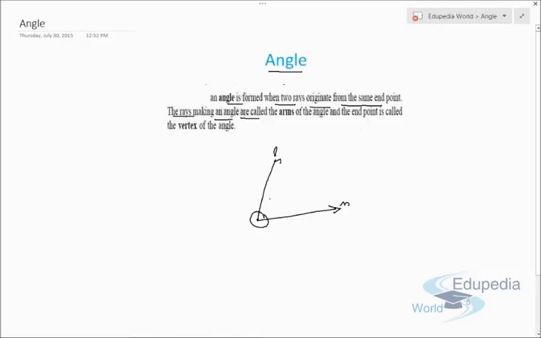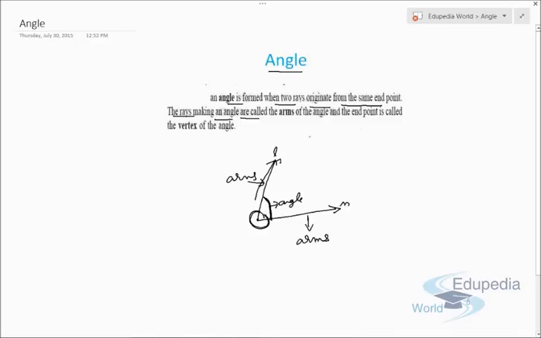Now, if the two rays are originating from the same end point and they are inclined to some degree, as we have discussed in the previous video, they are inclined to each other at some degree. So this is known as an angle. And these rays are known as the arms of an angle.